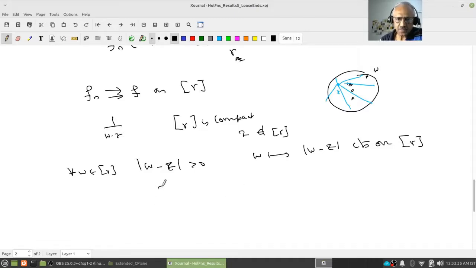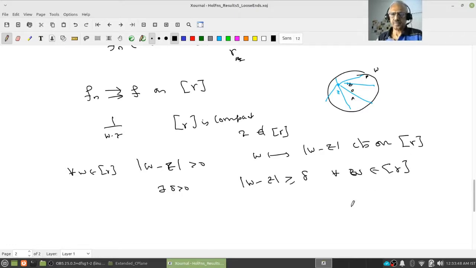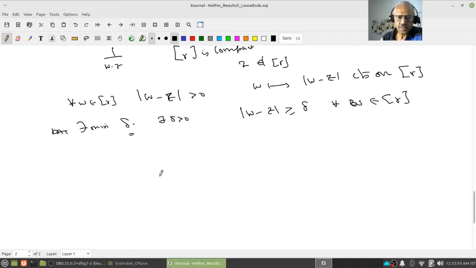Therefore there is a delta positive so that mod w minus z is greater than or equal to delta for every w in gamma. There is a minimum delta with this property. Therefore the modulus of 1 upon w minus z is less than or equal to 1 over delta.